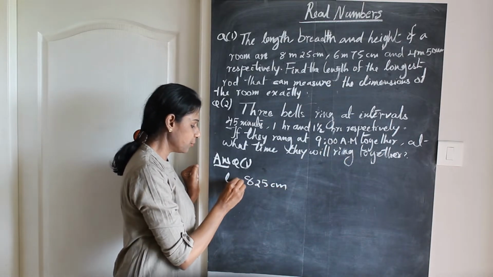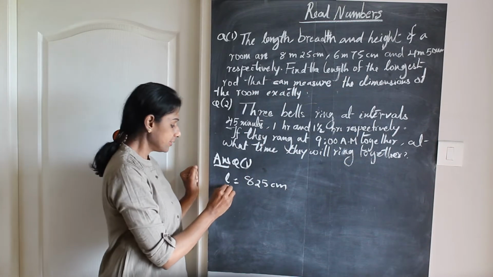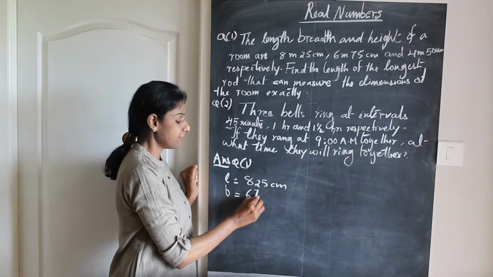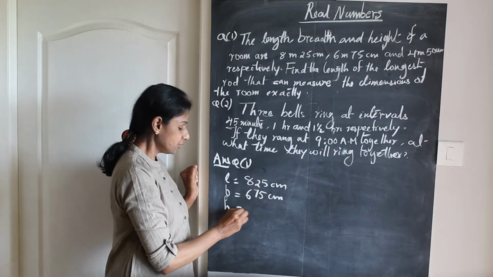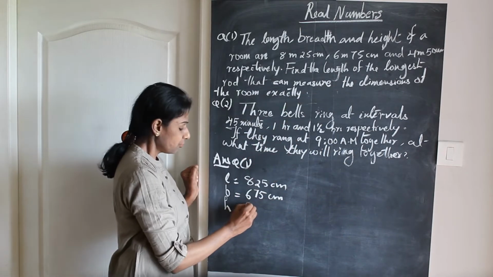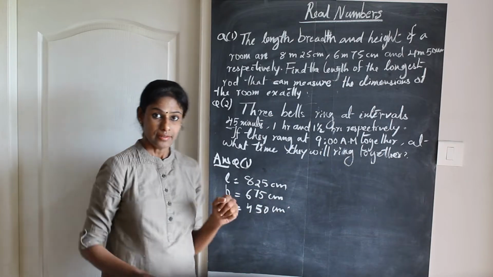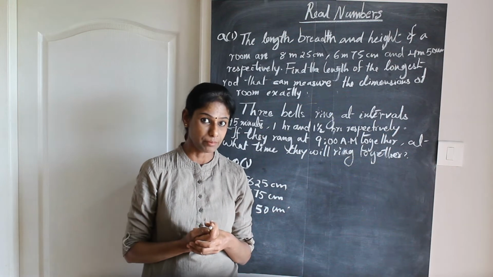So length L is equal to 825 centimeter. Breadth B is equal to 675 centimeter. Height H is equal to 450 centimeter. So already we have learned how to find the HCF of the numbers.